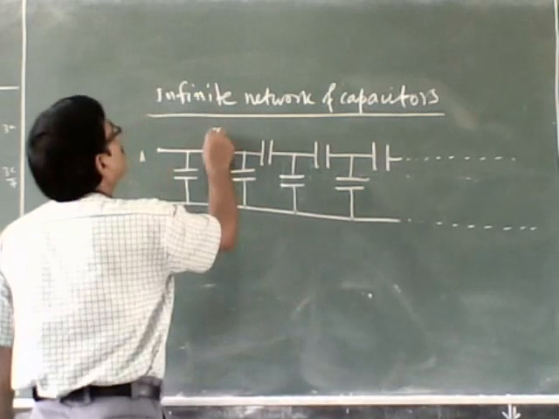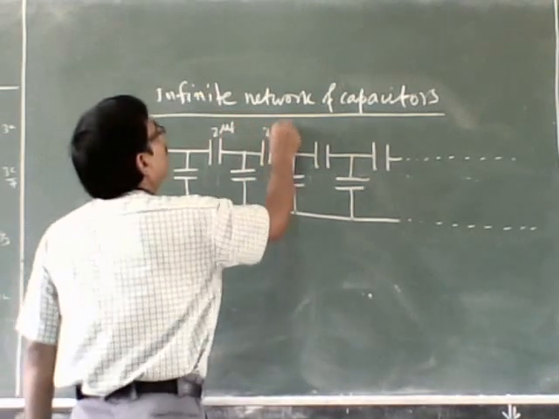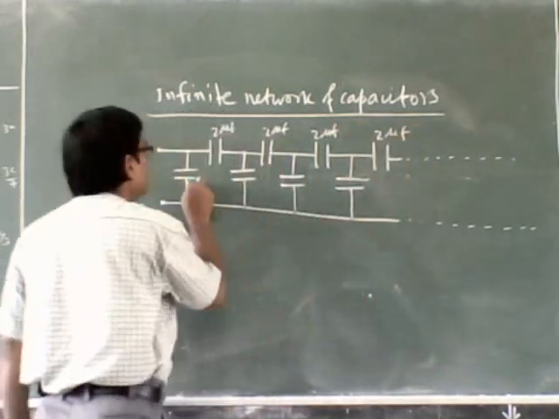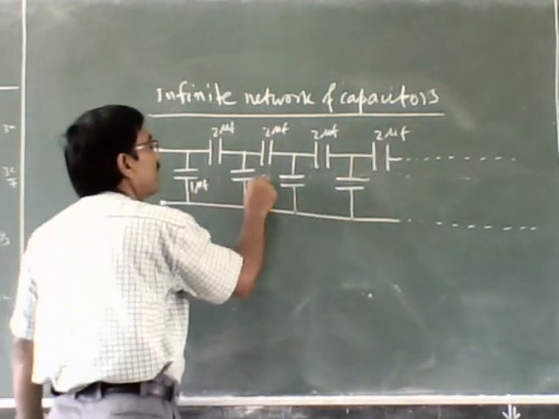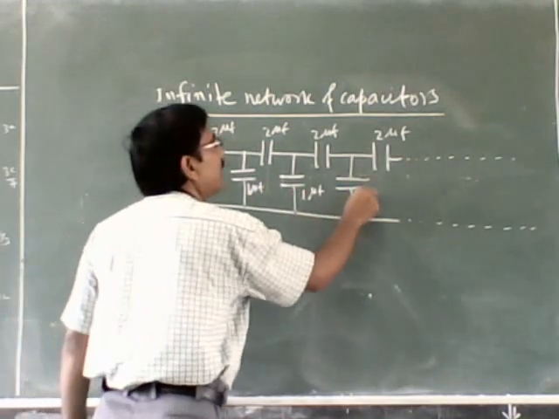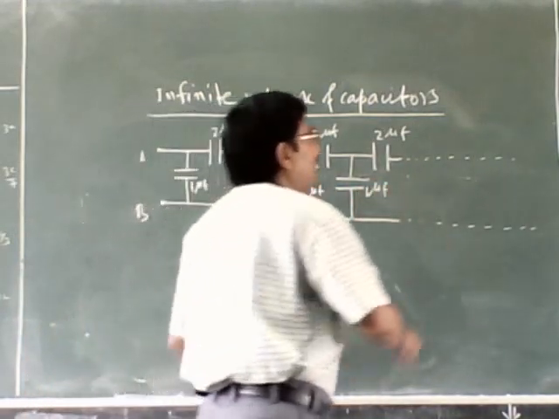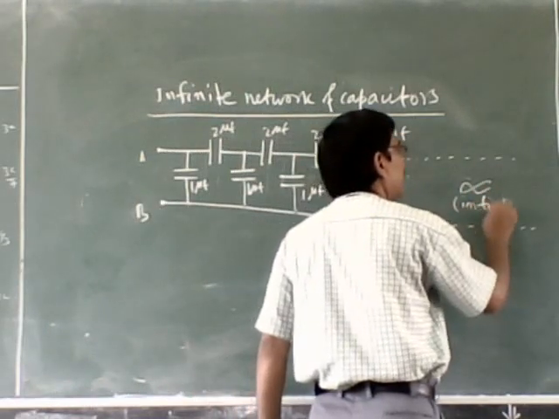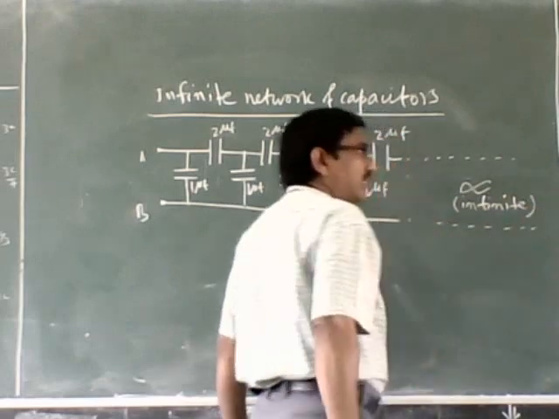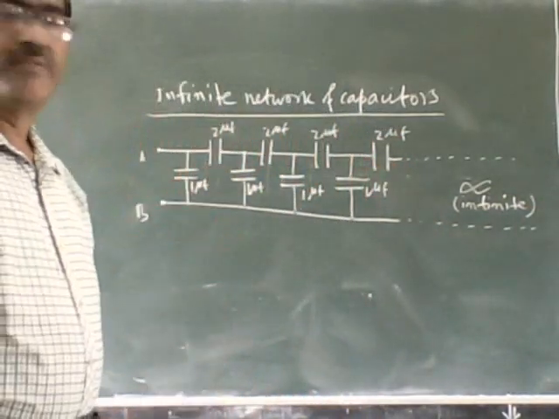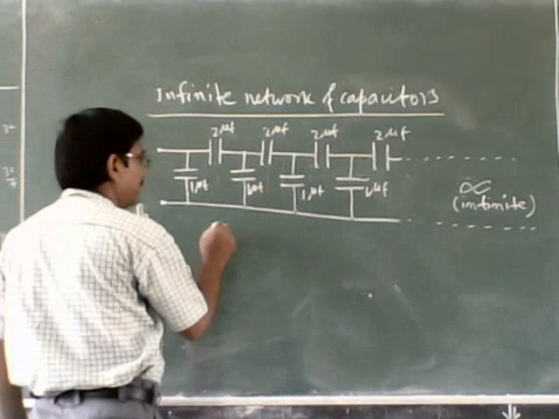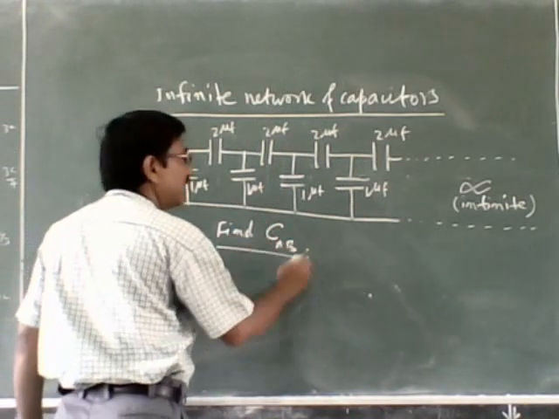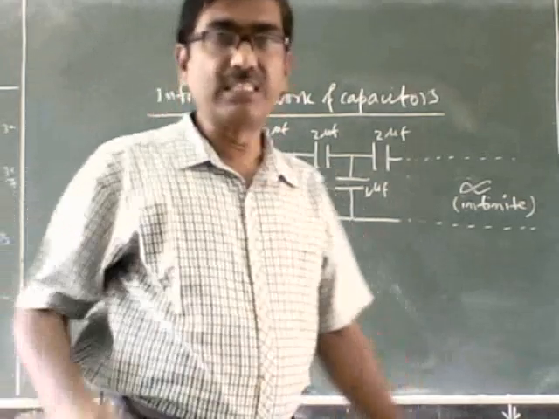There are 2 microfarad, 2 microfarad, 2 microfarad, and this is 1 microfarad, 1 microfarad, 1 microfarad, 1 microfarad. And this is an infinite network. Then how do we calculate the equivalent capacitance between A and B? How to calculate in this case?